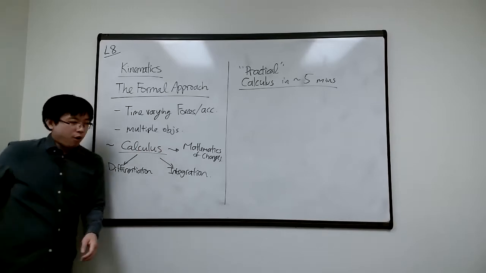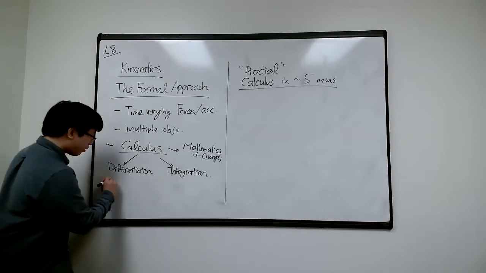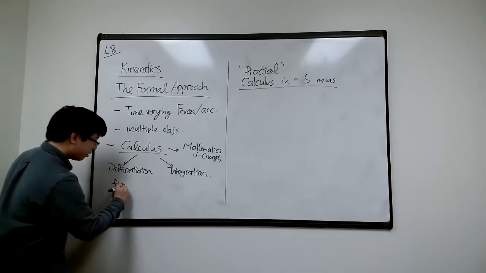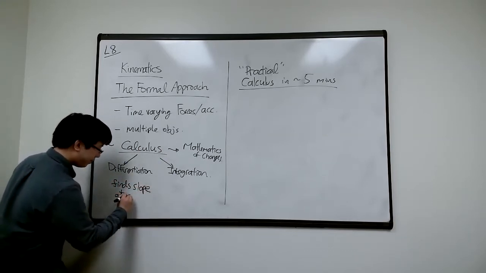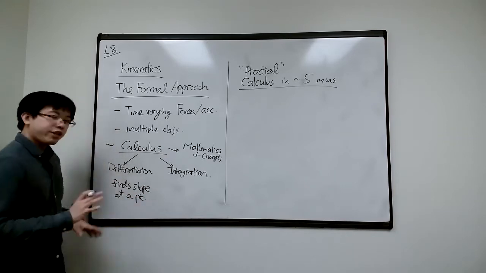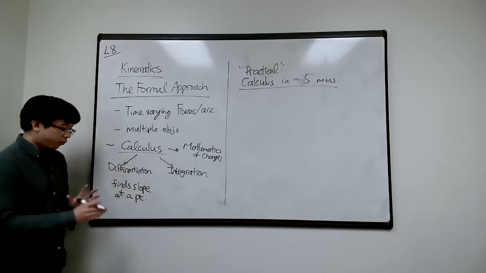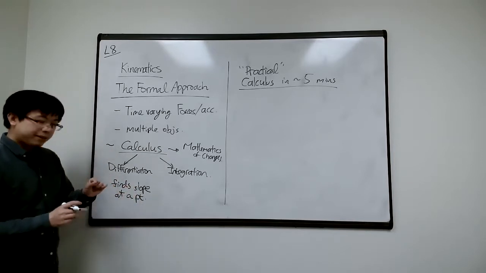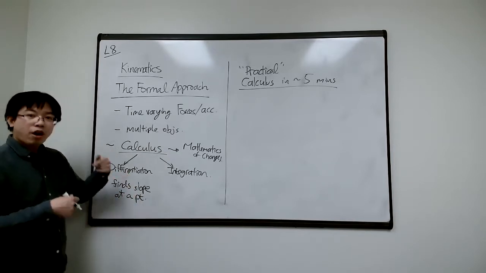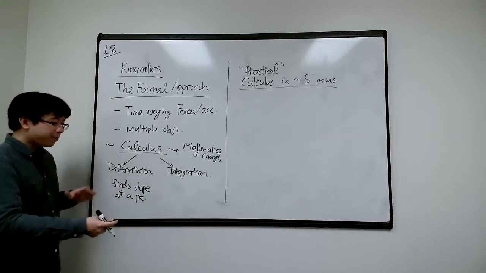The key thing to know over here is differentiation basically finds the slope at a point. Okay, so as you know, we realize that the velocity, instantaneous velocity, is basically the slope of the position time graph.